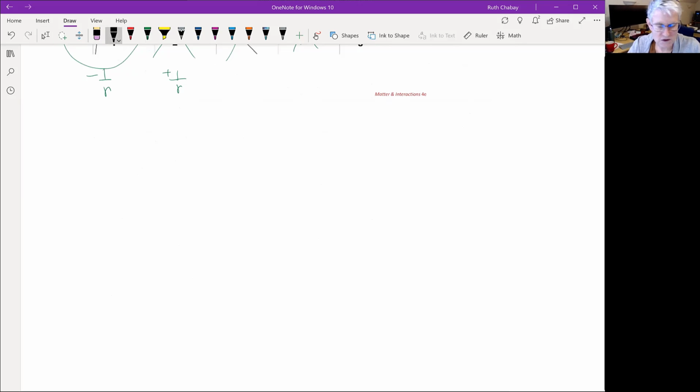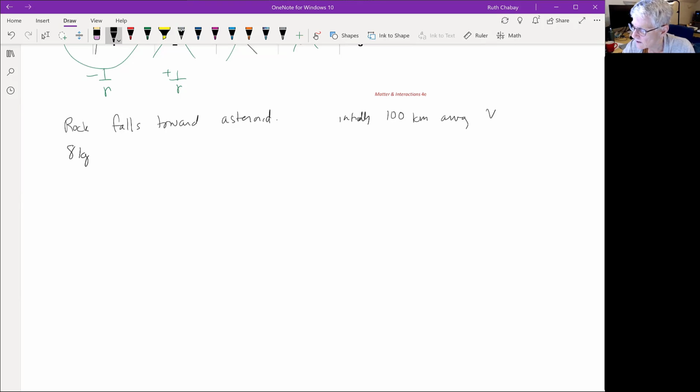So how would we use this? Well, if we have a rock falling toward an asteroid, the mass of the rock is 8 kilograms. It's initially 100 kilometers away with speed 5 meters per second.